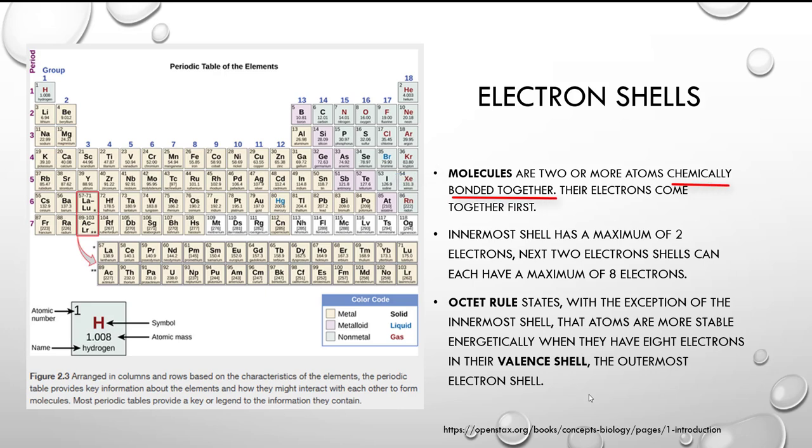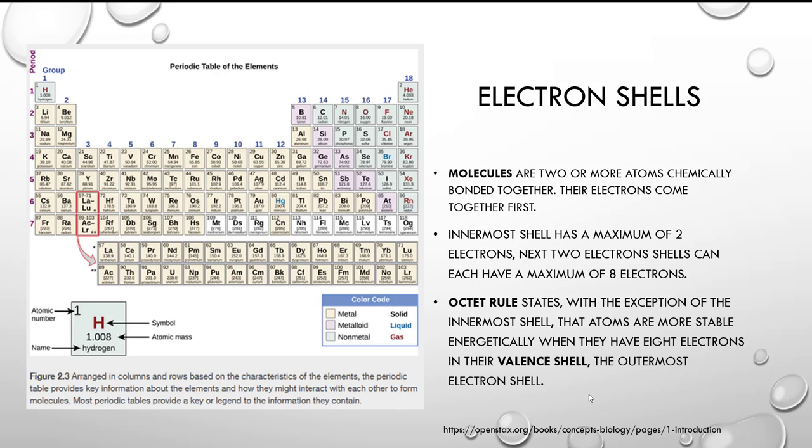So what does that mean, chemically bonded together? That means that they are going to react to each other in the sense that they're going to have electrons orbiting, and there's going to be a chemical reaction involving those electrons, or the electrons are going to bond the 2 atoms together.